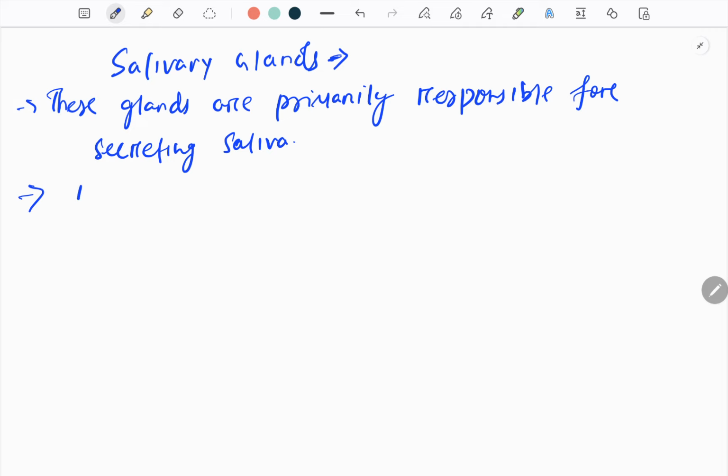Salivary glands are exocrine in nature. Let me tell you, there are two types of glands.